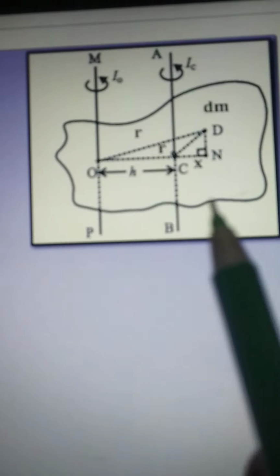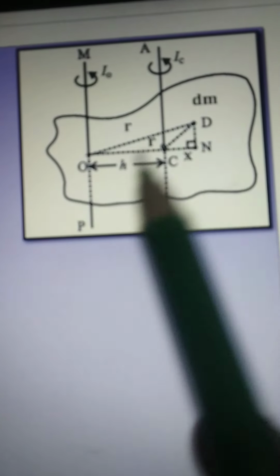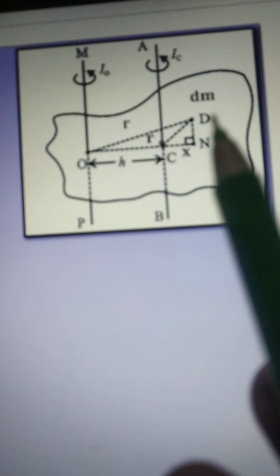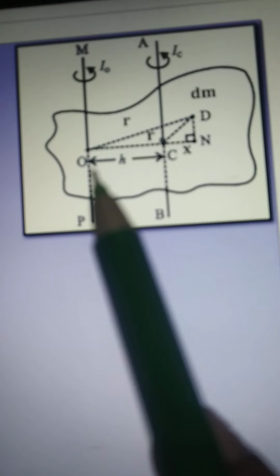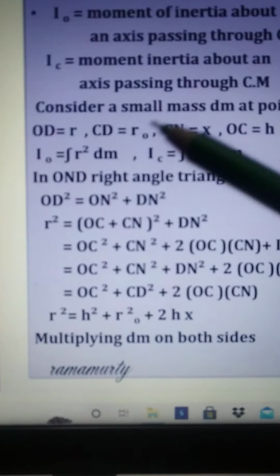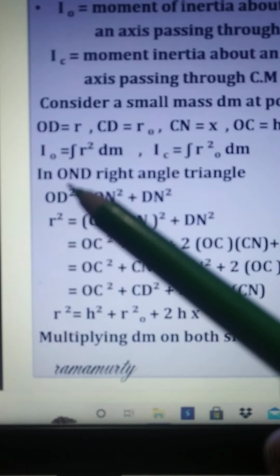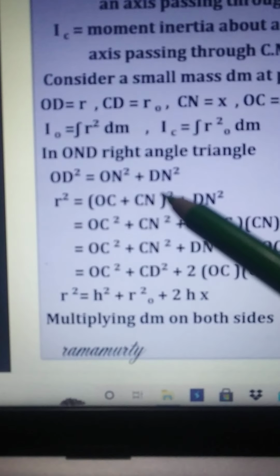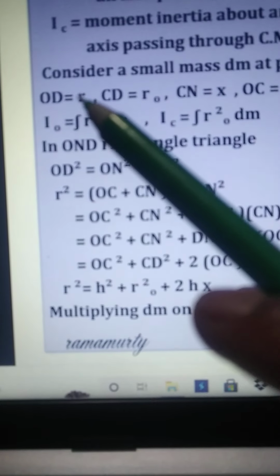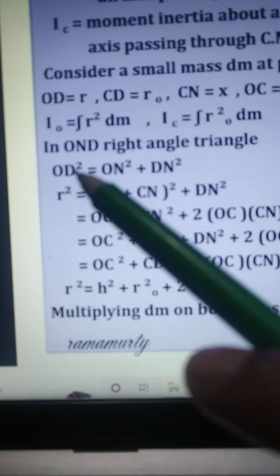Triangle OND is a right angle triangle. So OD square is equal to ON square plus DN square. Correct? So here we put in all the values. OD means nothing but R, so R square.